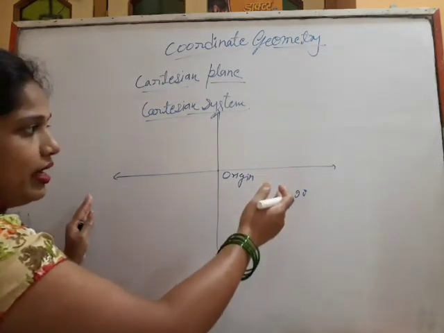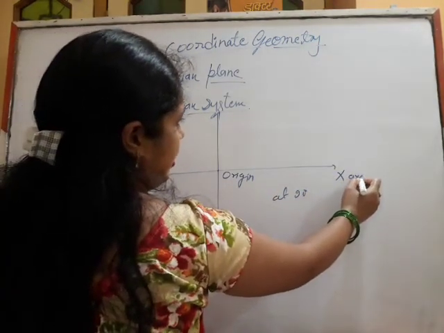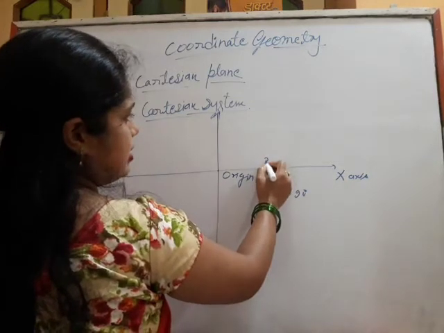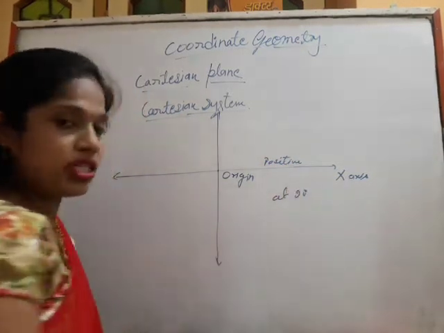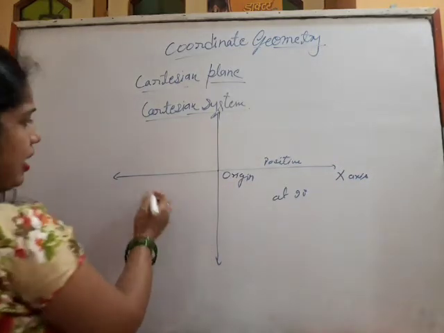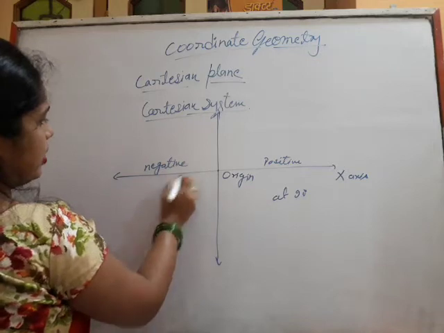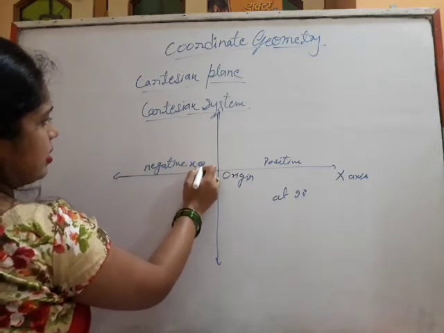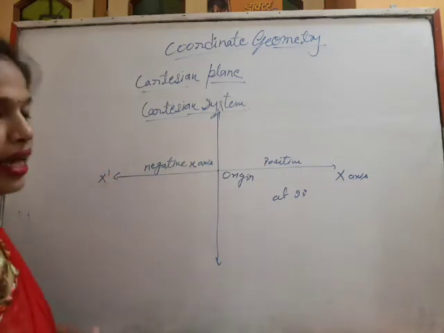This horizontal line is the x-axis. This is the positive x-axis, and the left hand side is the negative x-axis, represented by x dash.